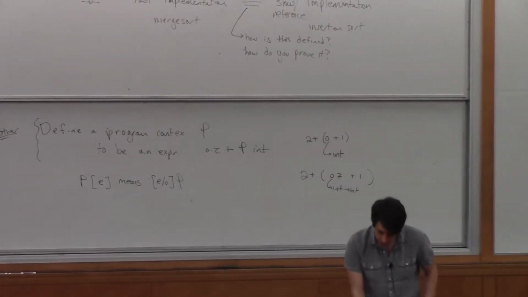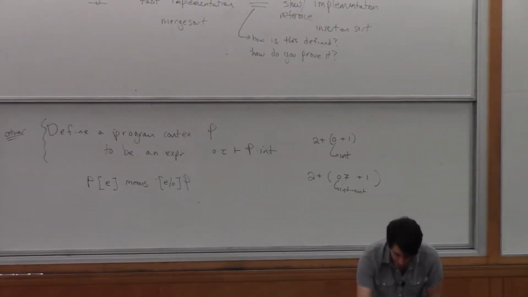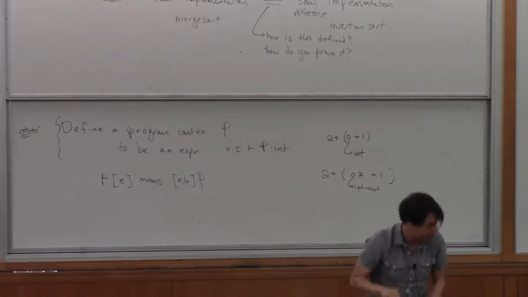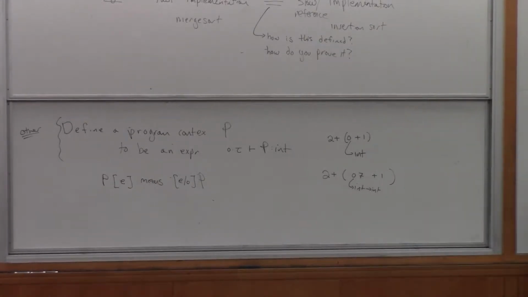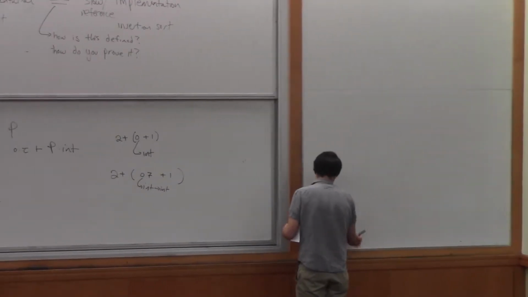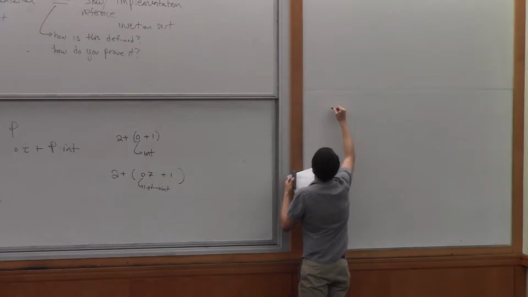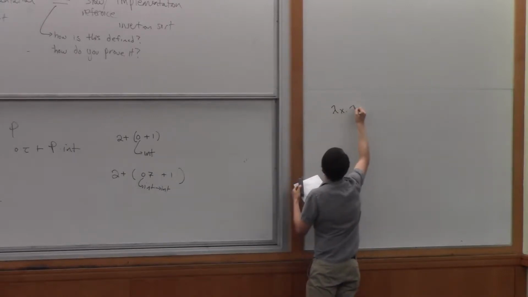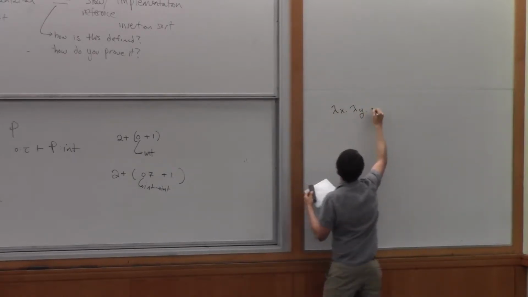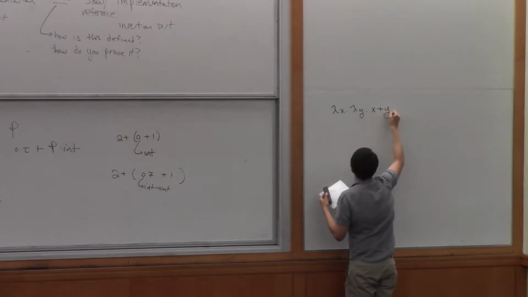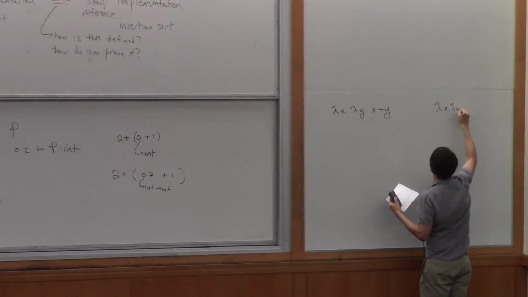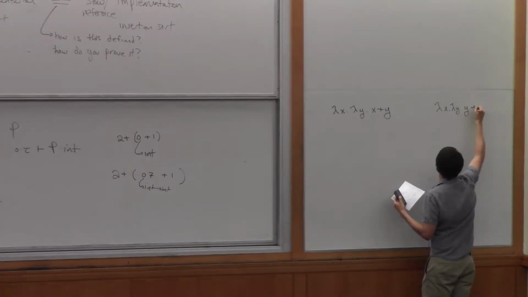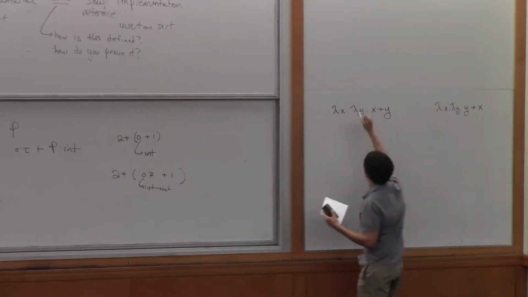Okay. All right, so let's start a little running example. Suppose that I have the following two programs: the function that takes x and y and returns x plus y, and the function that takes x and y and returns y plus x.